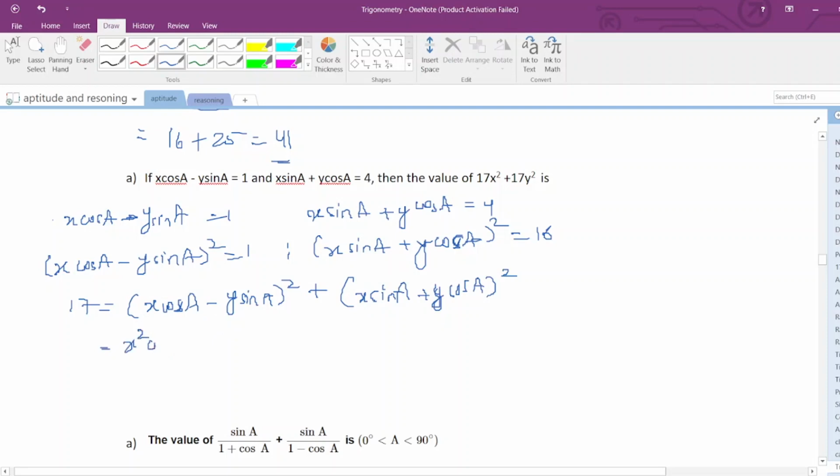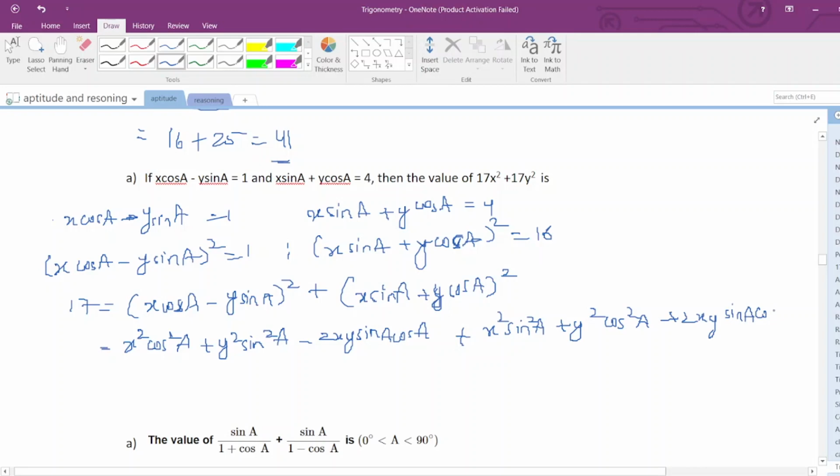I'll get x square cos square a plus y square sin square a minus 2xy sin a cos a, and in the a plus b whole square, x square sin square a plus y square cos square a plus 2xy sin a cos a. So can I cancel this one and this one?